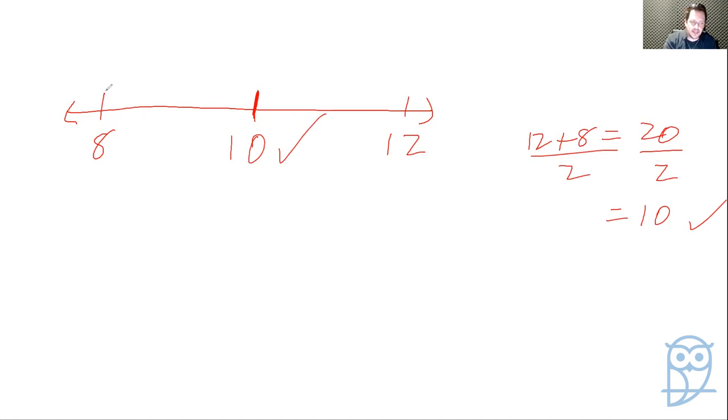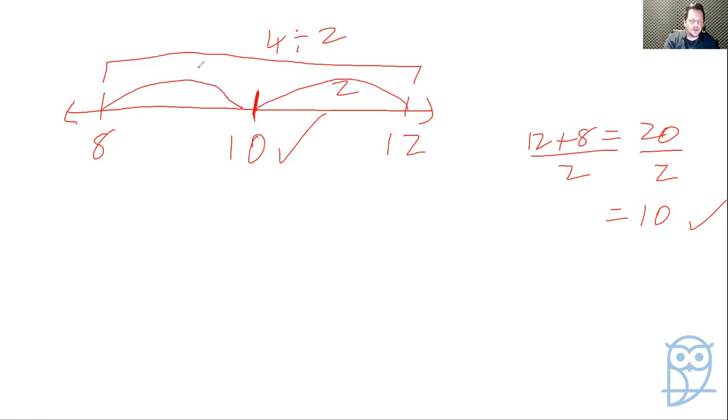You could as well say, well, this gap between my values is 4, so half of it would then be 2. So I need this gap to be 2, that gap to be 2, and therefore it's 10 as well. Great. So no one should be dying in their brains because of this.